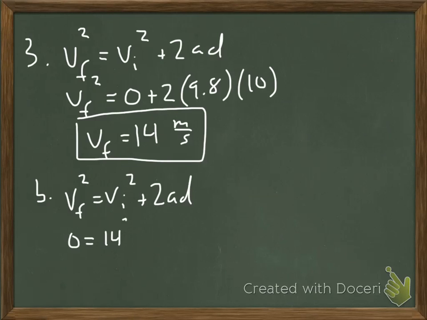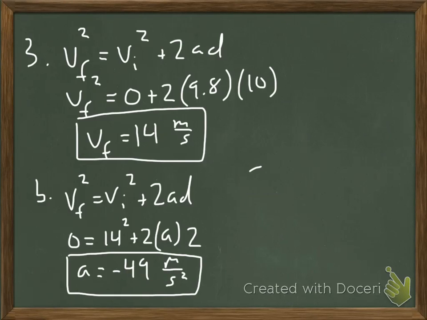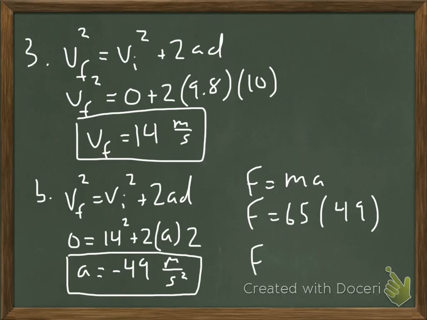The velocity final is 0 here because we're talking about when the swimmer comes to rest, and the velocity initial is 14 because when he hits the water he's going 14 meters per second. The acceleration is unknown, that's what we're looking for, and the d is 2, that's given in the problem. It says he goes 2 meters before he comes to a stop. So we can solve for acceleration here. And then we can take that number and plug it back into F equals ma using the mass of the swimmer in order to find the force exerted by the water that brings the swimmer to a stop.